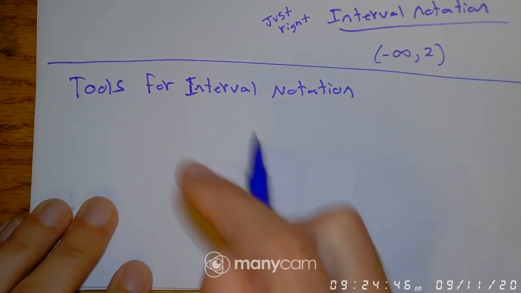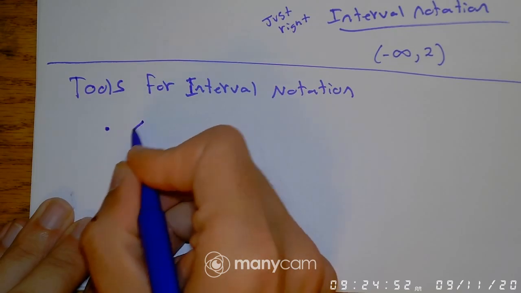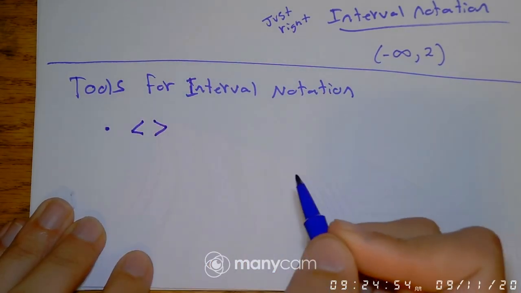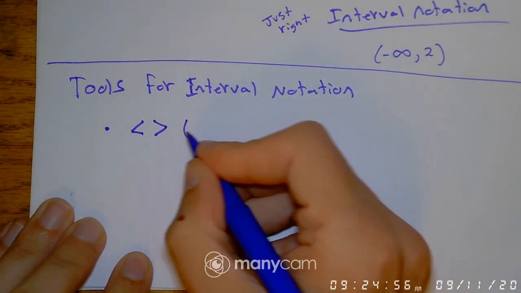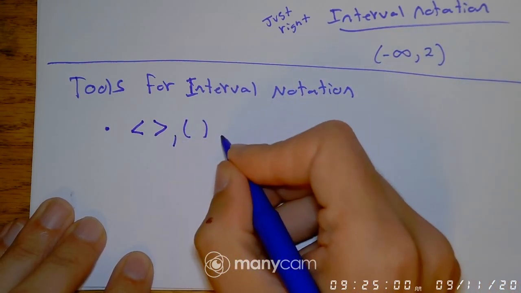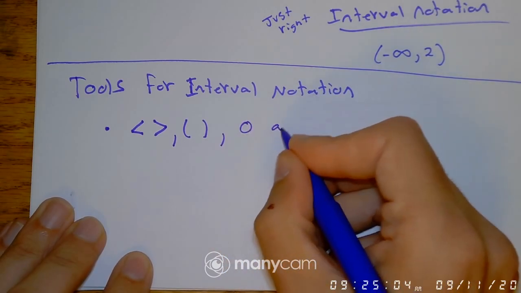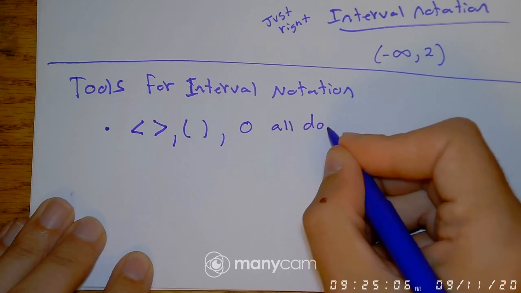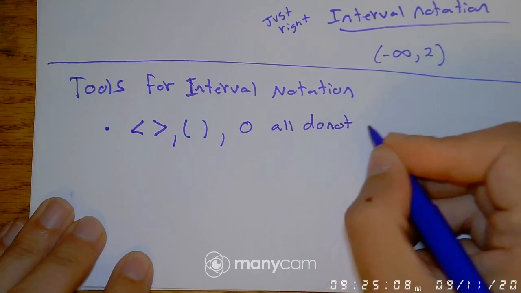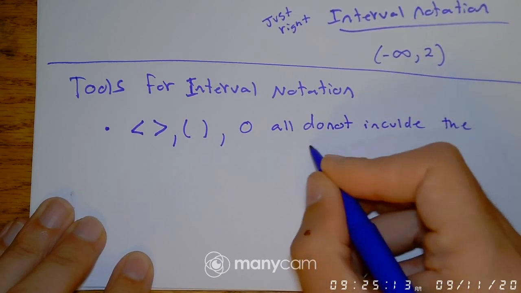All right. Tools for interval notation. A couple things we need to know. All do not include the stated value.